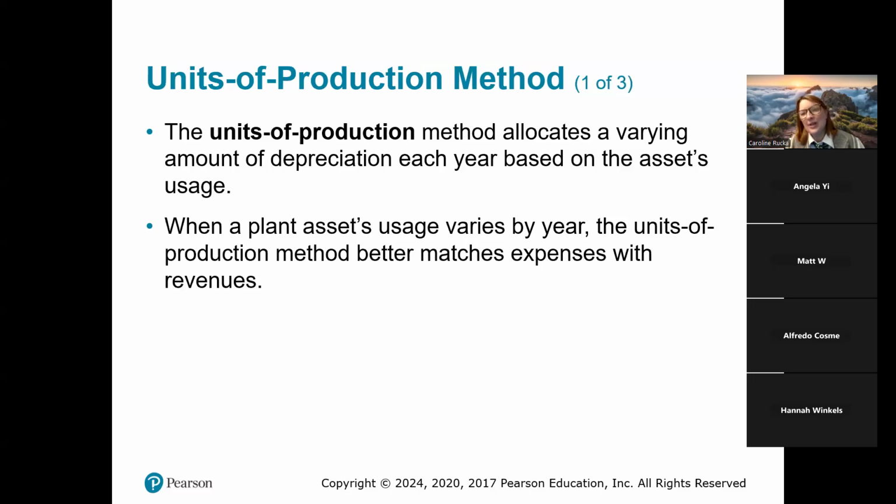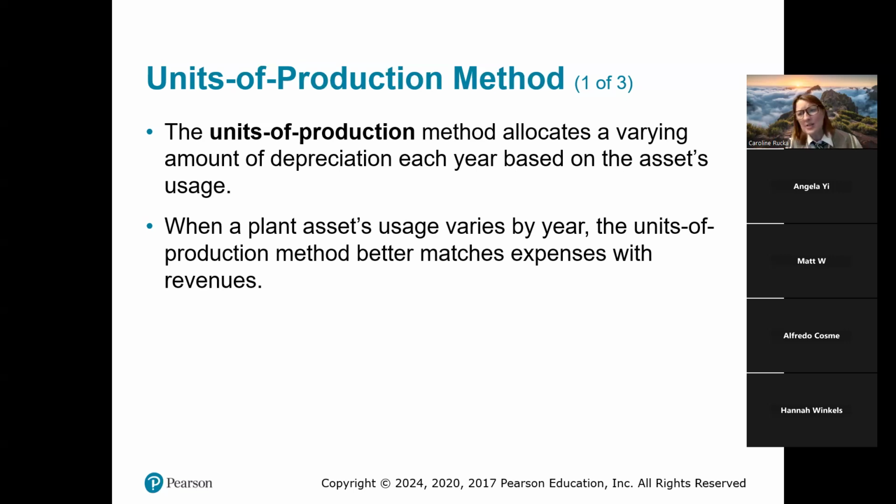We can make 2,000 widgets with this machine, so we use that to depreciate it instead of years. And I say that this method is usually used in manufacturing, but that does not mean that manufacturing usually uses this units of production method.